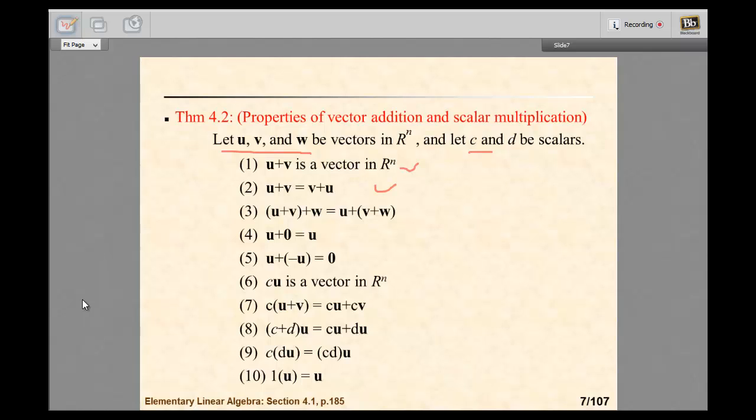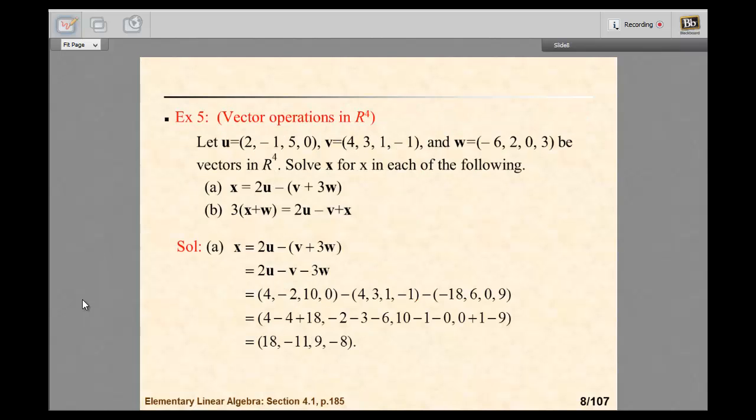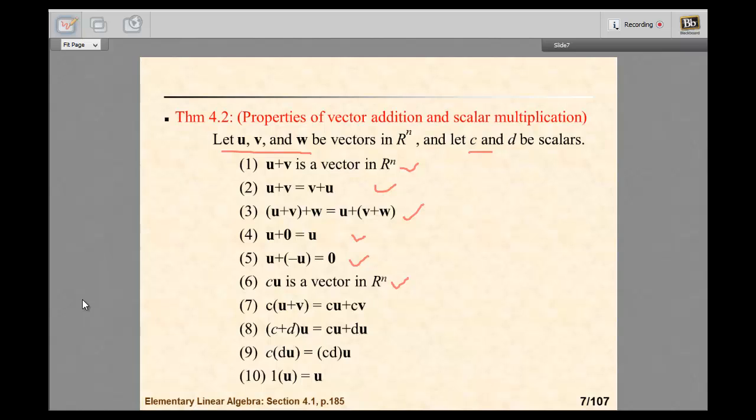It holds the commutative law, the associative law, the existence of identity, the existence of inverse, and multiplication with a constant. There are 10 rules. These are called the properties of vectors.